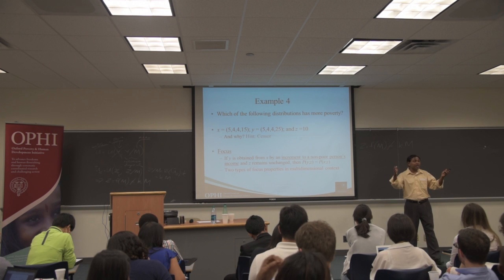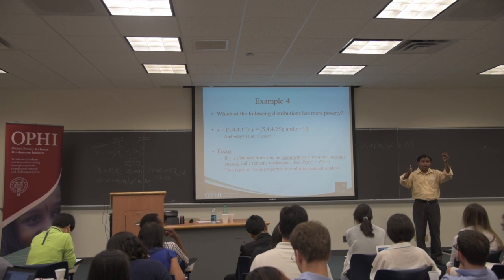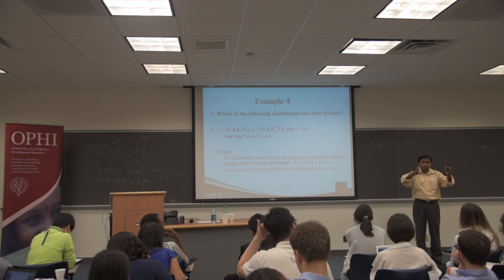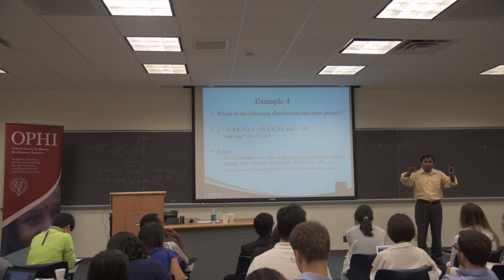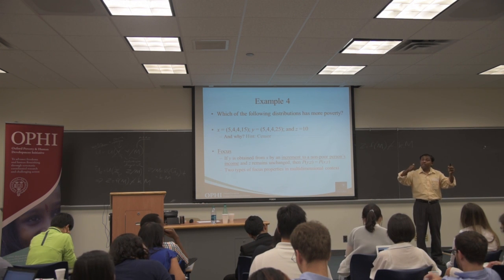Because in the multidimensional case, when you move there, you have different dimensions, right? You have income, you have education, you have health. Now it is possible that a poor person, somehow identified, is not deprived in a particular indicator. Suppose you have three dimensions: income, education, and health. You have a particular person who is severely deprived in health and education, but probably not in income.